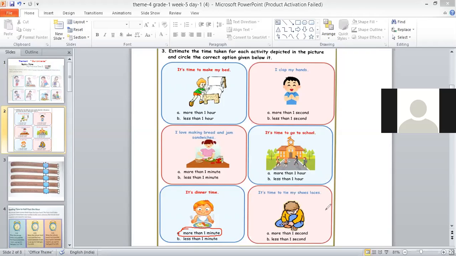So if you are tying your shoelace, it will take more than 1 second. So in the last picture, the first option is correct. Tying your shoelaces will take more than 1 second. In the last two pictures, the first option is correct.